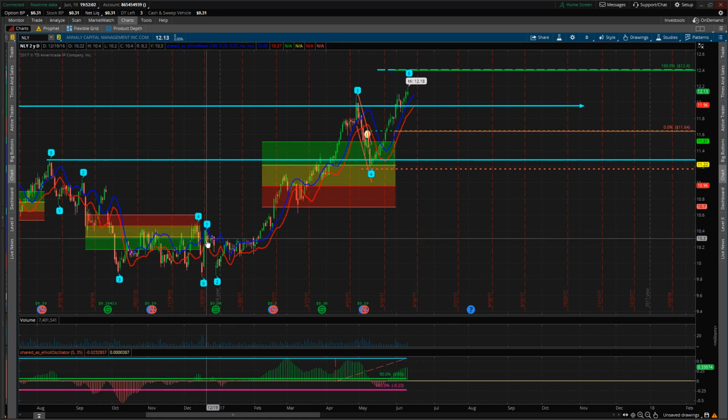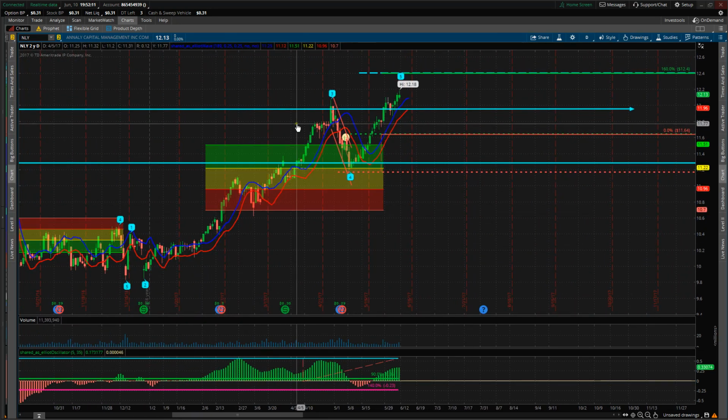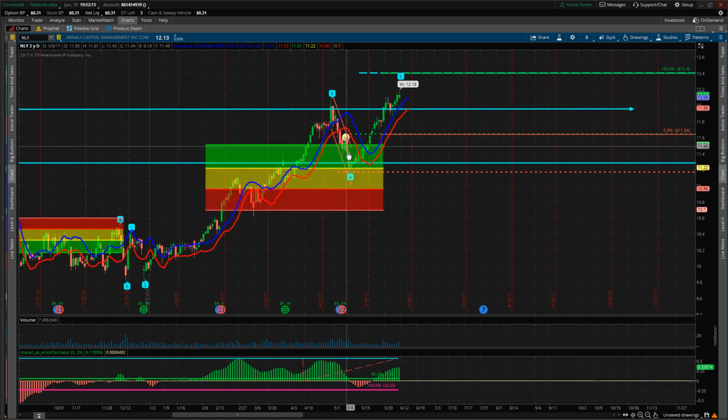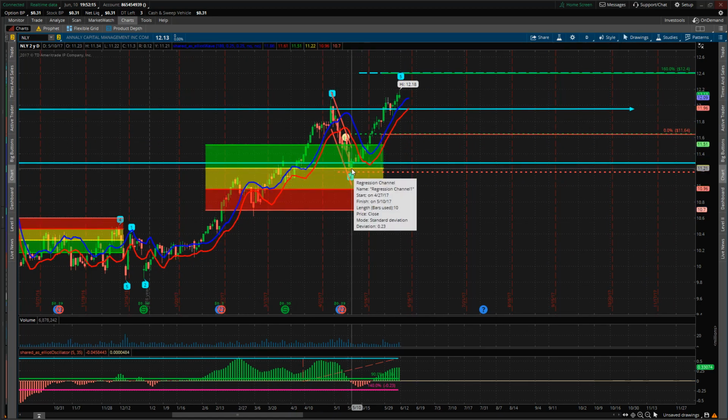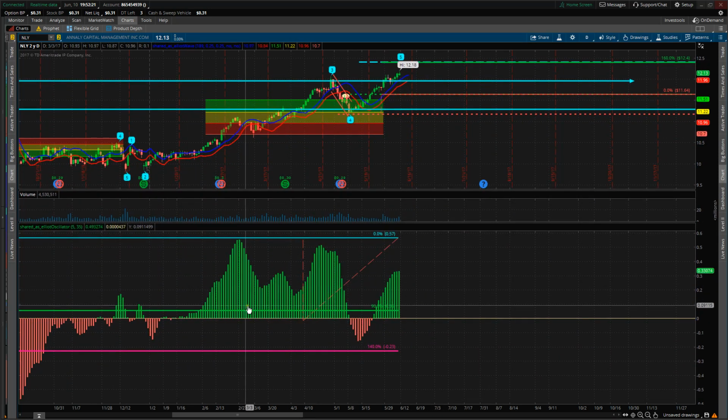We've had the 1, the 2 just above the start of the wave 1, so that's fine. Nice long wave 3. The wave 4 pulled back at the bottom of my first zone and found support.